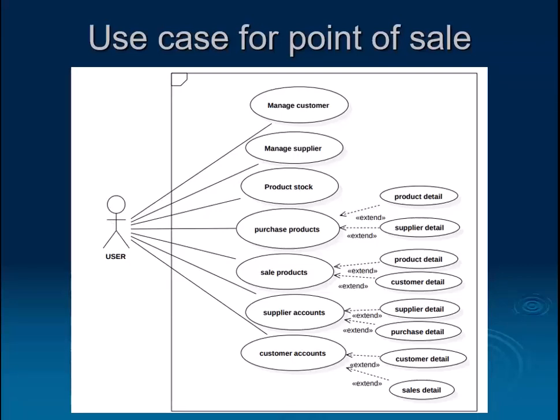So the main features are the customer management, or customer detail entry or updation, manage the supplier, product stock updation or keeping the detail, purchase of products, sale of products, supplier accounts and customer accounts. For purchasing of products, we might need the products detail entry. Why?